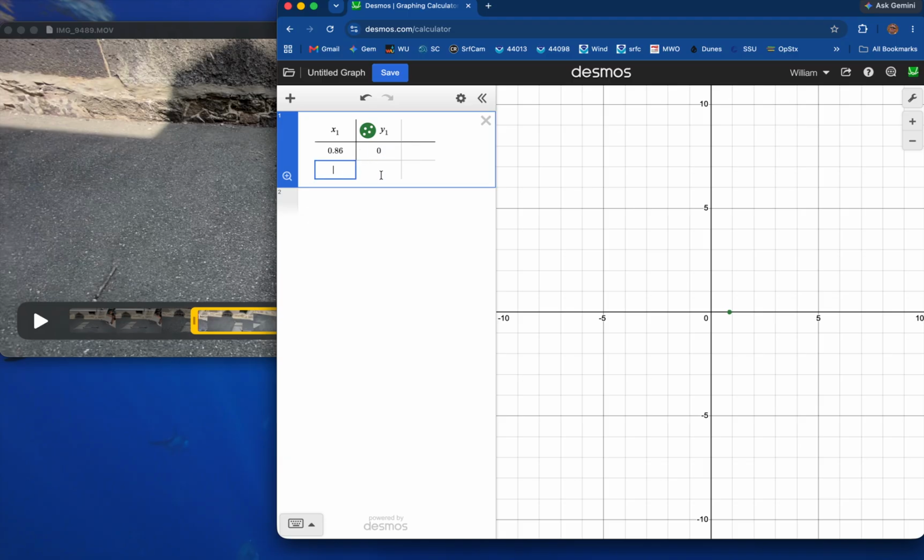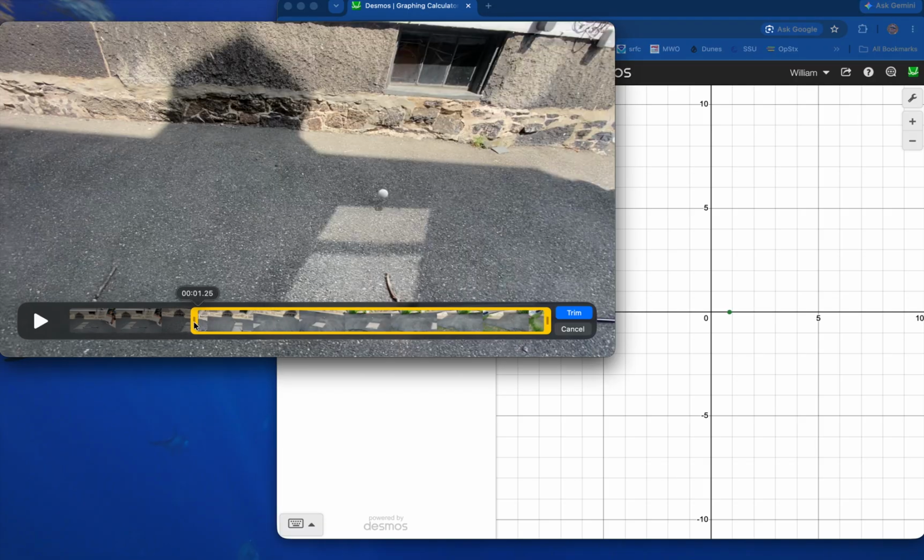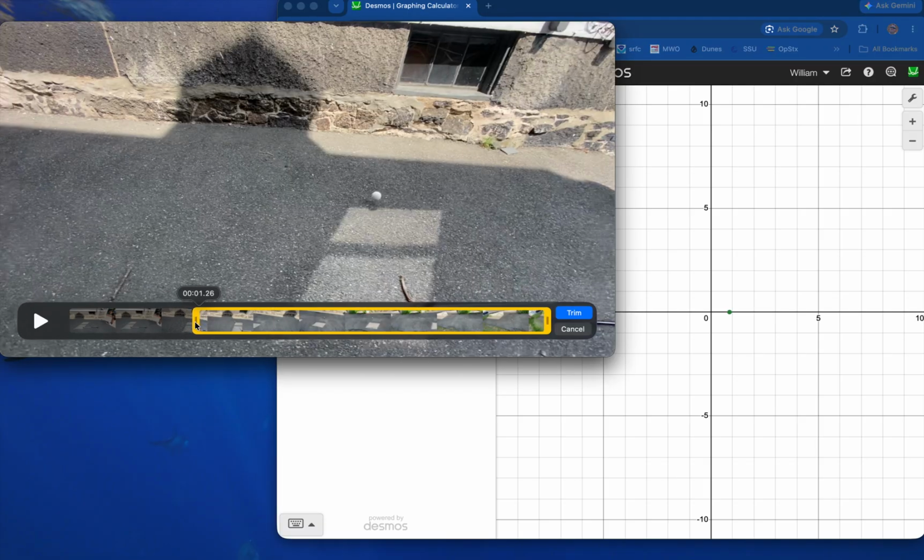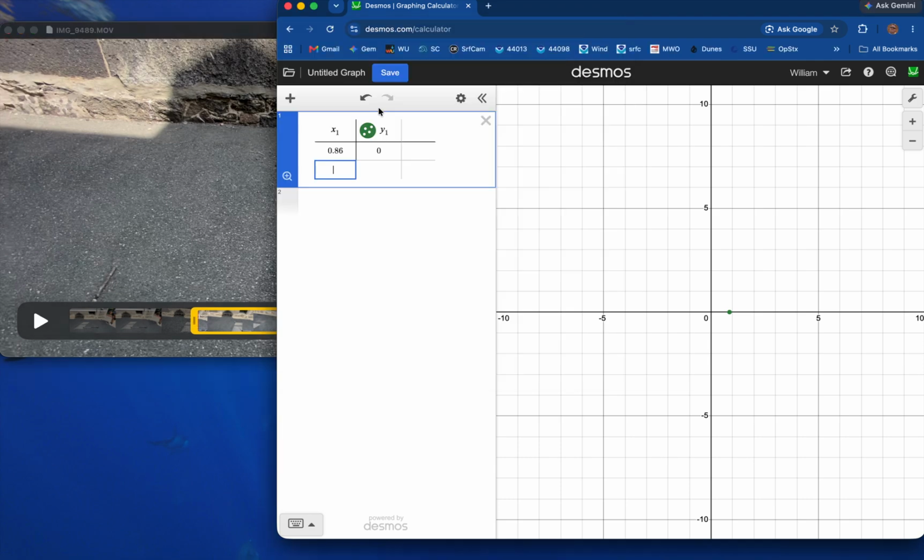Then it was at the first stick at about 1.25 or so. So at the 1.25 second mark, it had gone one ski pole of distance. On my y-axis, I'm putting distance, and on my x-axis, I'm putting time.